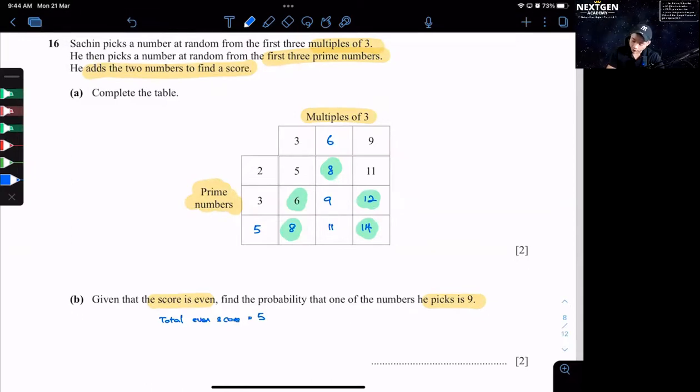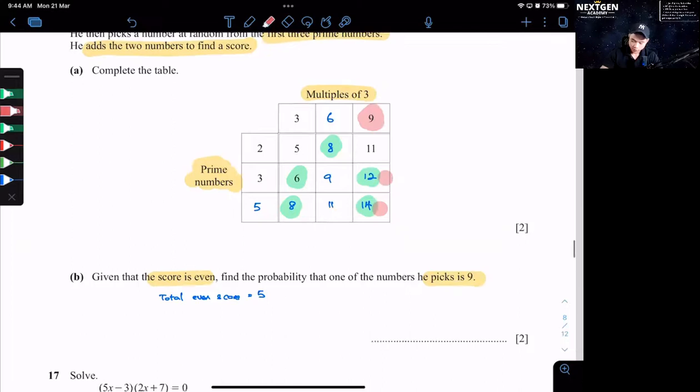Find that one of the number he picks is 9. So we have to look over here. One of the number he picks is 9. That means you pick one of the prime numbers and one of the multiples of 3, and one of it will be 9. So 9 can be what? The 9 plus 3 and 9 plus 5, which is this one and this one. So I got 2 numbers.